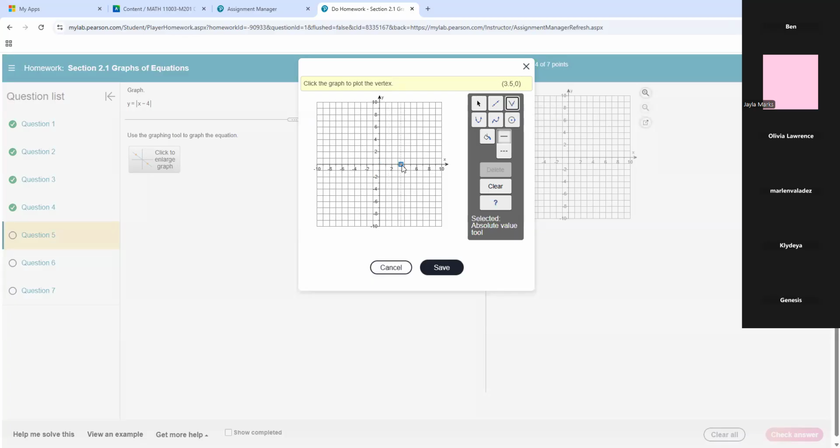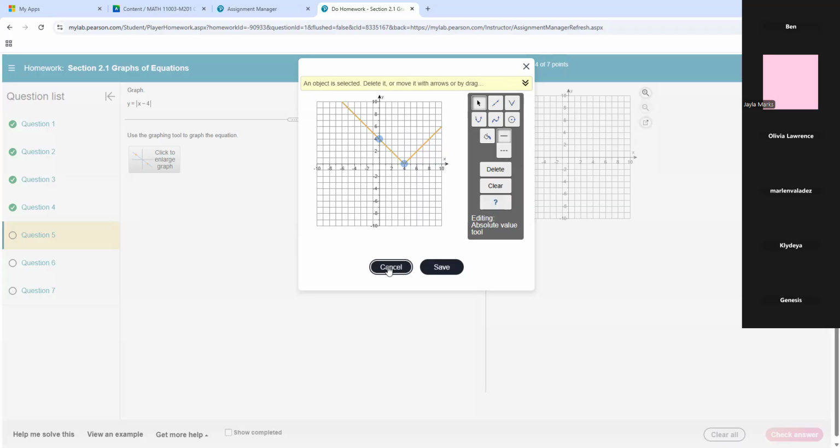There's 4, 0. Click that. And then my second point was 0, 4. So go to 0 and up to 4. See, it automatically mirrors the right side off of what we're doing with the left side.